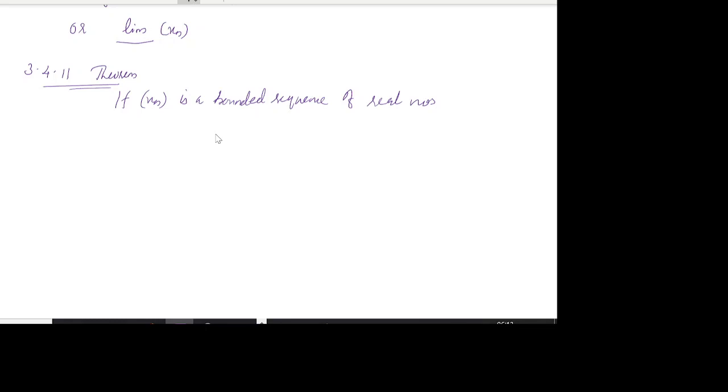Apart from our prescribed textbook, you can find somewhat easier definitions for limit superior and limit inferior. If xn is a bounded sequence of real numbers, then the following statements for a real number x star are equivalent.